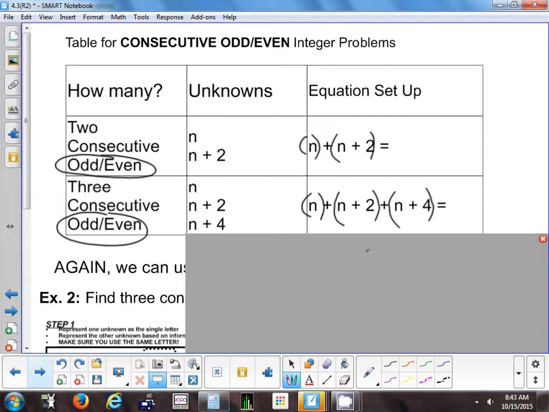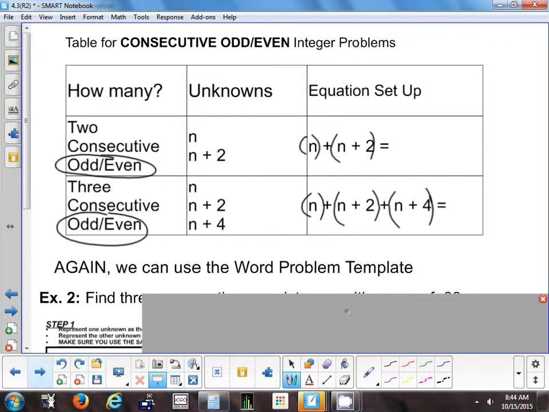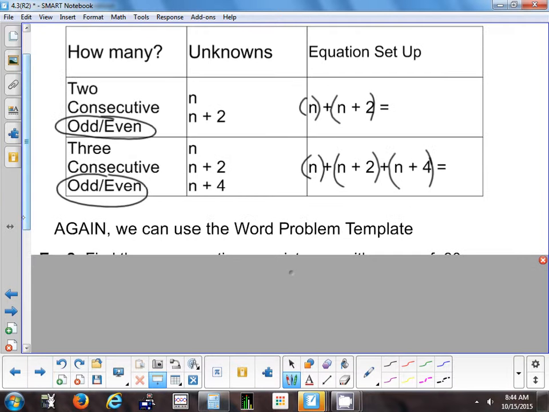I just put parentheses so you could see first, second, third. Same template that we've been using since yesterday.